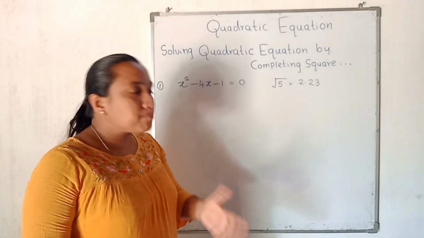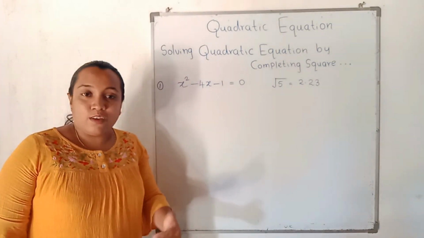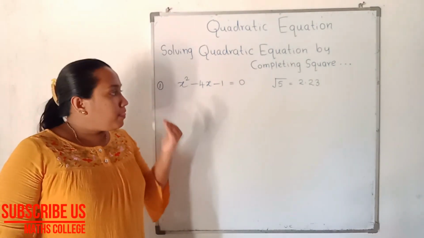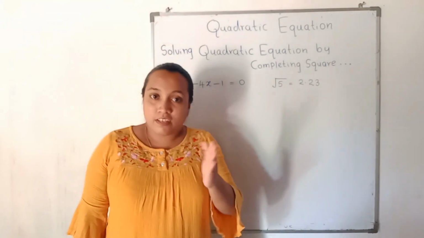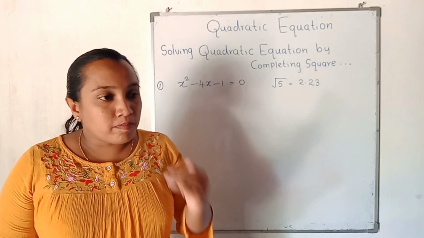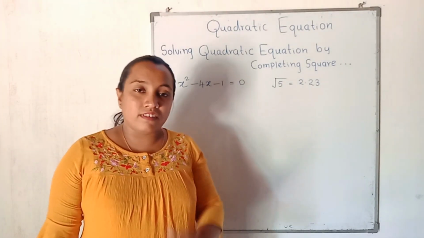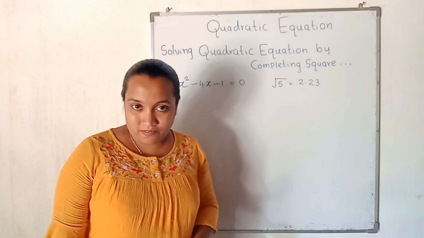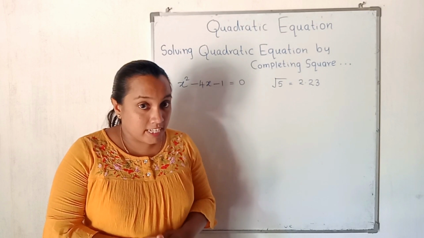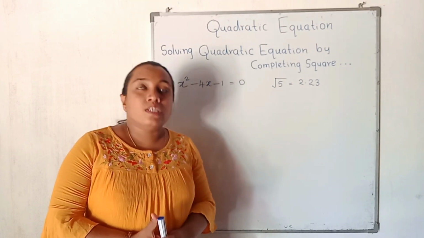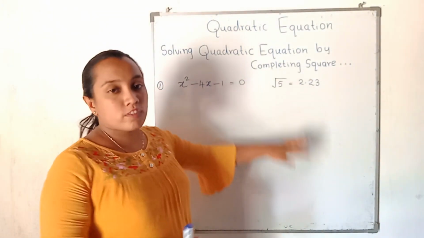Before starting this method, I will explain why we use it. Some quadratic equations can't be factorized easily. Therefore, to solve such quadratic equations we use the completing the square method.